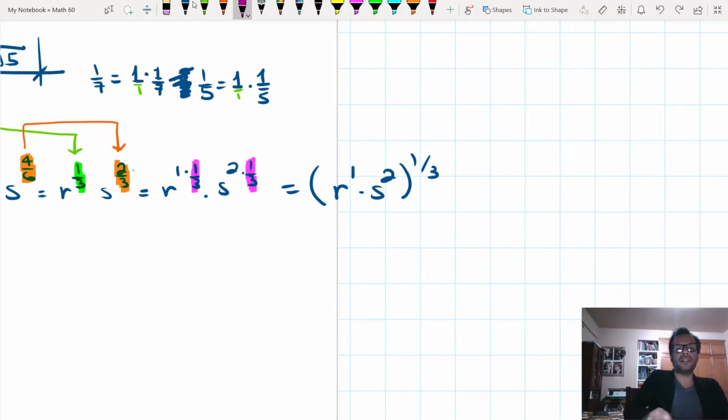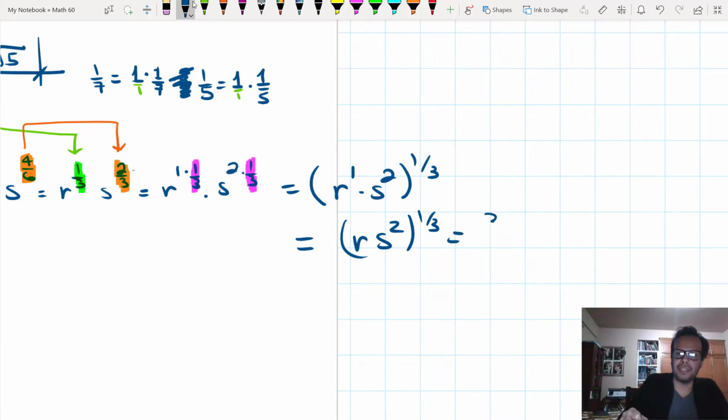So this is what we end up with: r to the first times s to the second, that's the same as r times s squared, all raised to the 1/3. But this is the same as saying the cube root of r s squared.